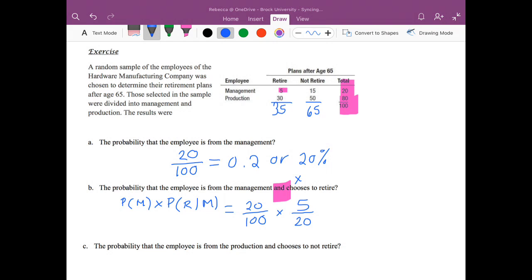So 20 out of 100 are from management, and I'm multiplying that by the 5 people out of management that will choose to retire out of the 20 people from management. So my 20s are going to cancel out, and that leaves me with 5 out of 100, which is 0.05 or 5%.